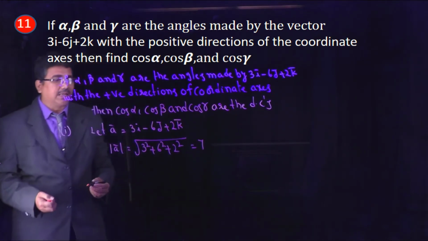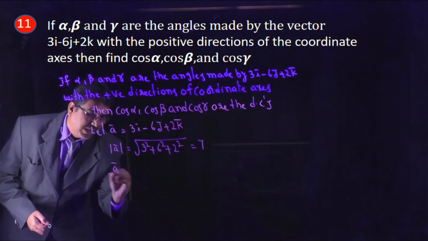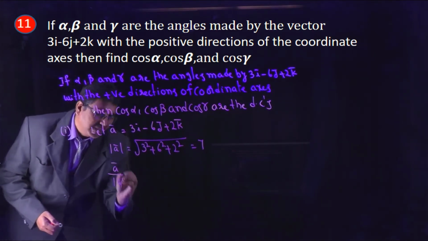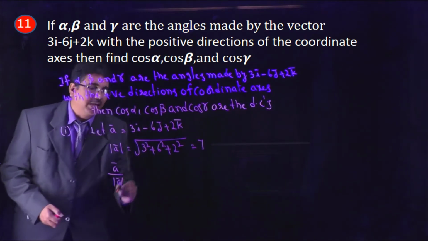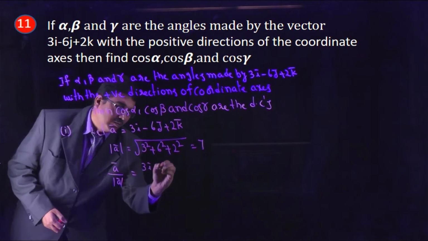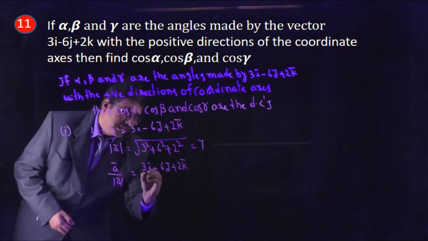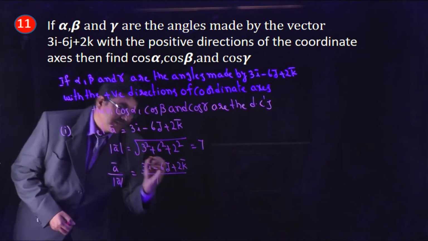Now the unit vector is a bar by mod a bar, that is equal to 3I bar minus 6J bar plus 2K bar divided by 7.